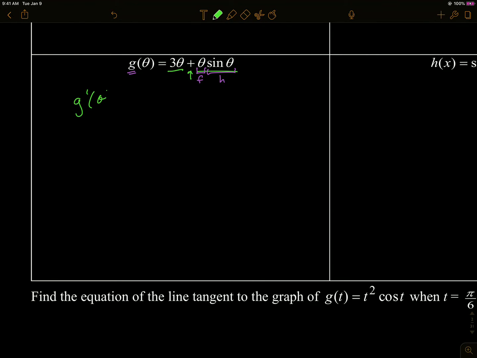So the derivative here is going to be 3 by power rule plus, now I've got to do product rule on the second part. So the derivative of f is 1 times recopy the second, plus recopy the theta times the derivative of the second, which is cosine of theta. And then there's not much simplification that I can do here. It looks like it's just going to be 3 plus sine of theta plus theta cosine of theta.